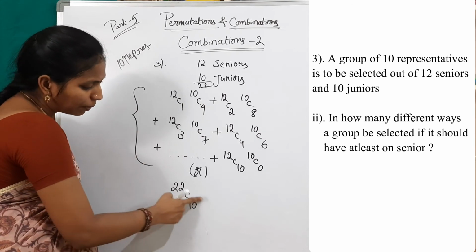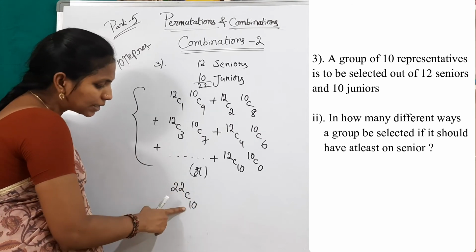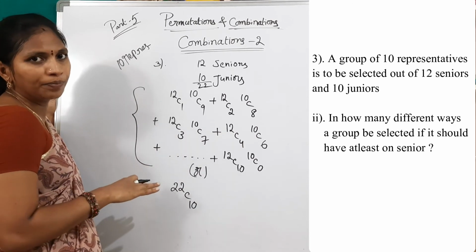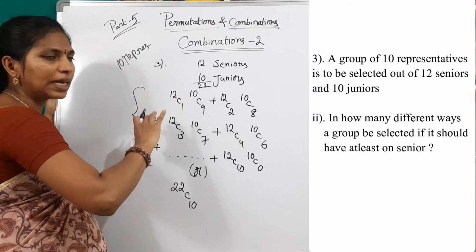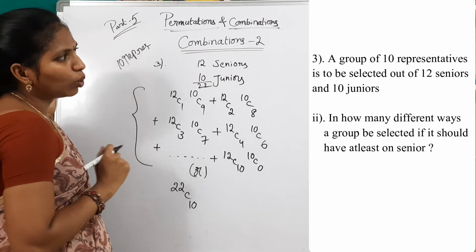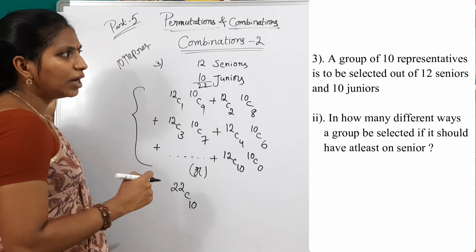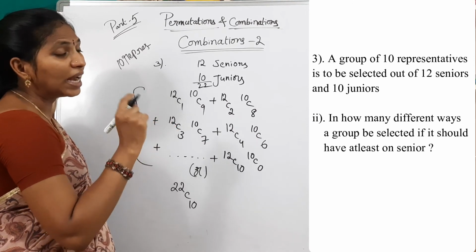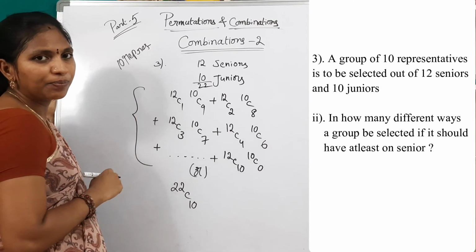But the selected people are 10, and among these 10 people there are seniors and juniors. We don't know. 10 members are selected from mixed persons, seniors and juniors. But what is the question? In how many different ways can a group be selected if it should have at least one senior?